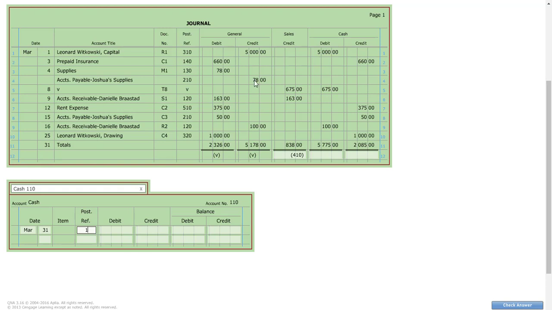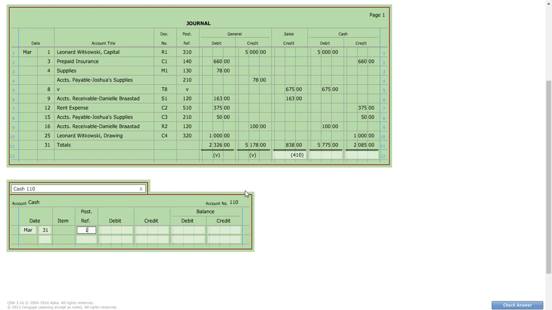It's important that we move top to bottom, left to right, because right here, I want to point out on line 4 of my journal, do you see how Joshua Supplies is credited here for 78? And down here, we have accounts payable, Joshua Supplies is going to be debited 50. If you didn't do them in order, it wouldn't work right in your ledger. So it's really important that you move top to bottom, left to right.